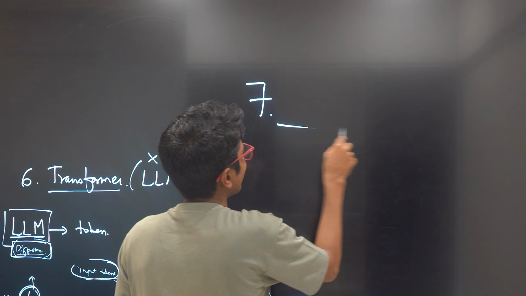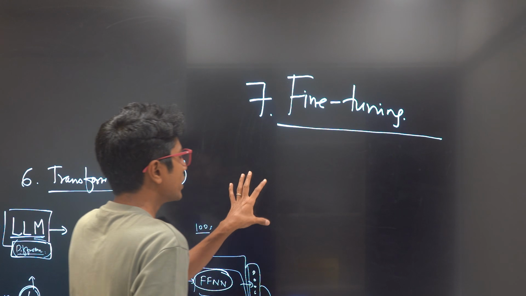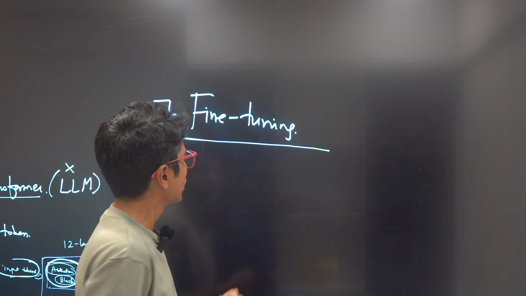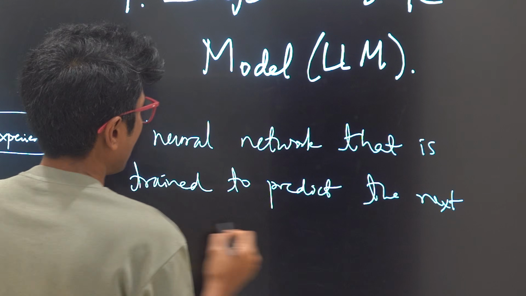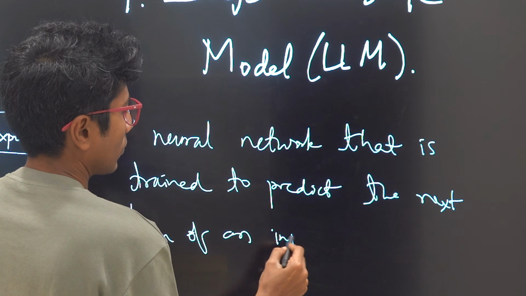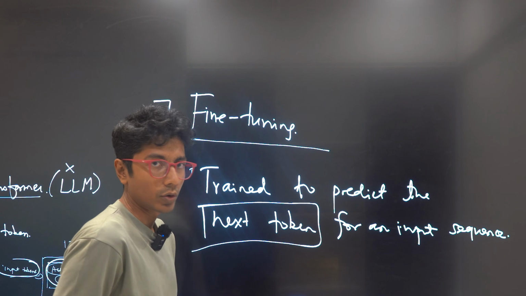Term number 7, it's fine tuning. We said that a large language model is something that is trained to predict the next term of an input sequence. The question is, what type of next token are we talking about?